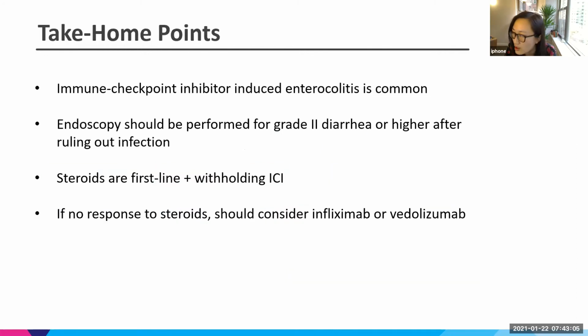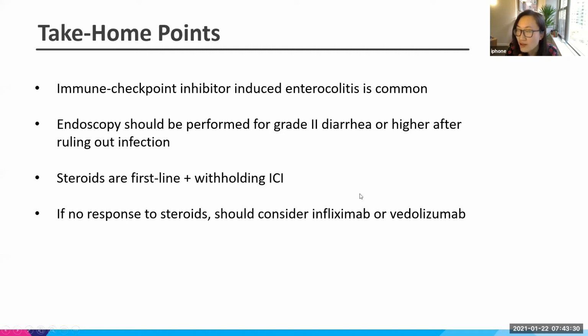So my take-home points are that immune checkpoint inhibitor-induced enterocolitis is common and something we should definitely keep in our differential in any patient on immune checkpoint inhibitor, even if they are out of the typical time frame that we would expect. Endoscopy should be performed early in patients with grade 2 diarrhea or higher after ruling out infection.